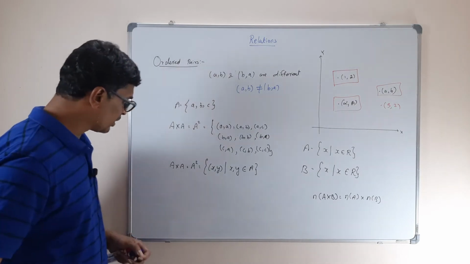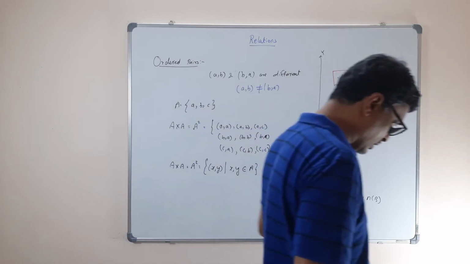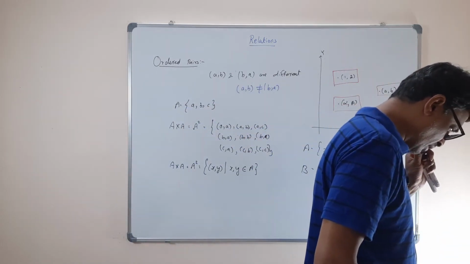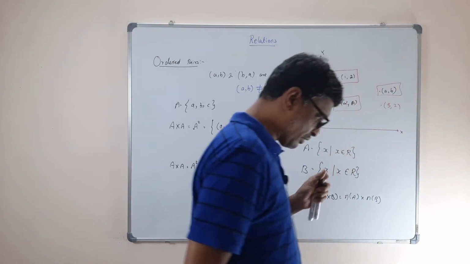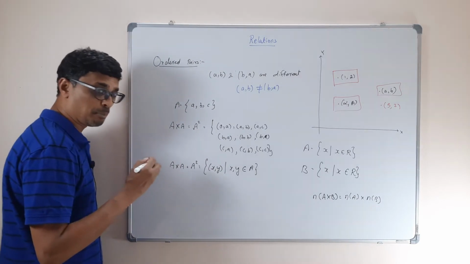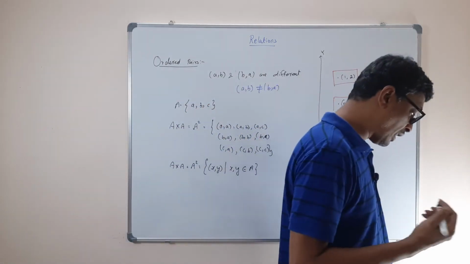There's another one which we normally don't use. What is a Cartesian triplet, an ordered triplet?